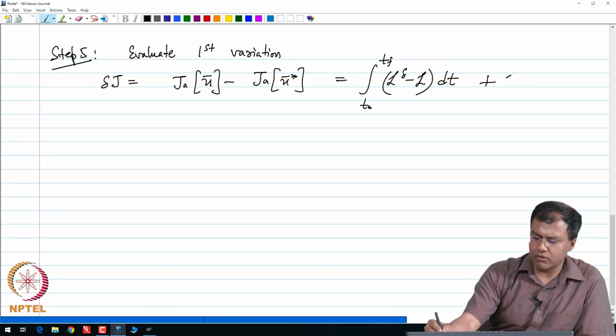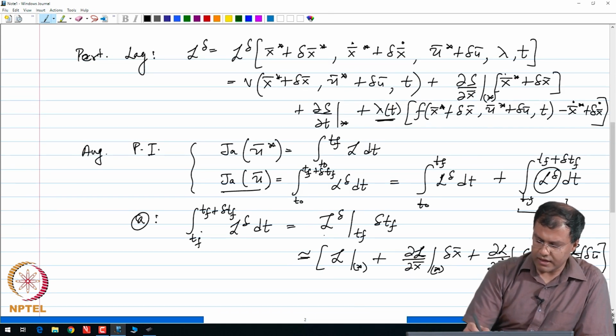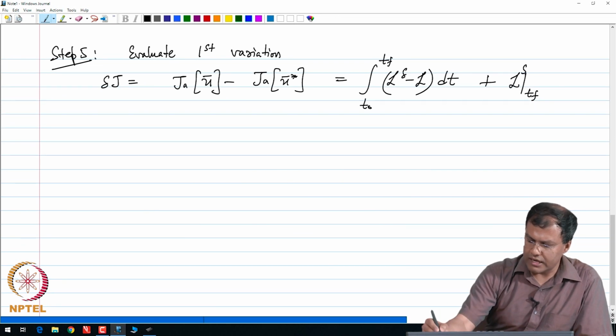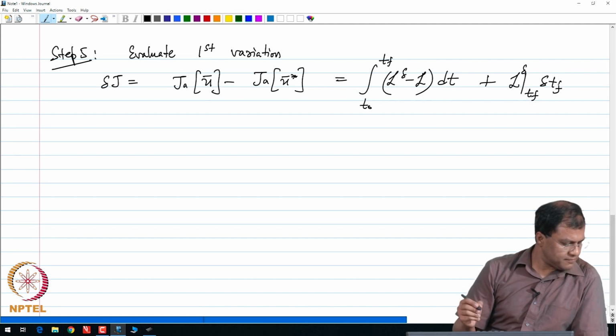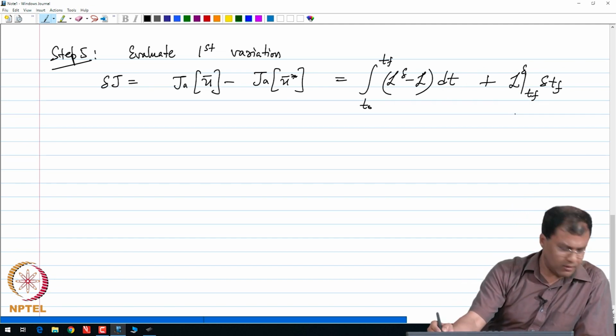So, that was also L delta evaluated at, well, this is L evaluated, not L delta, but L evaluated at Tf. Notice, we have taken L delta. Okay. So, this is L delta evaluated at Tf times delta Tf. Okay. So, then we have to expand all these terms.